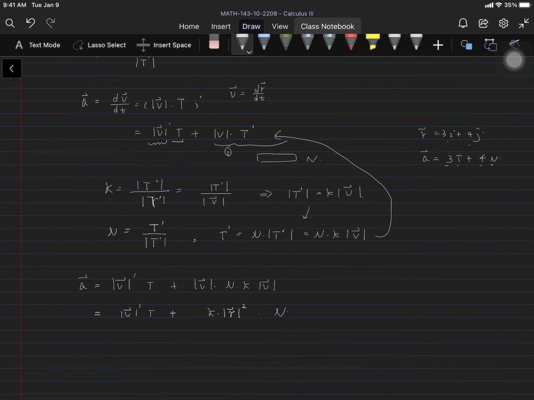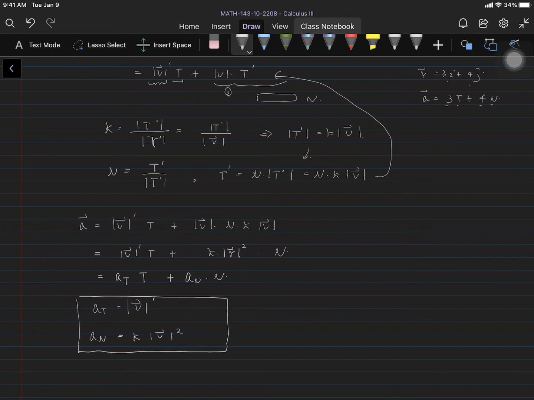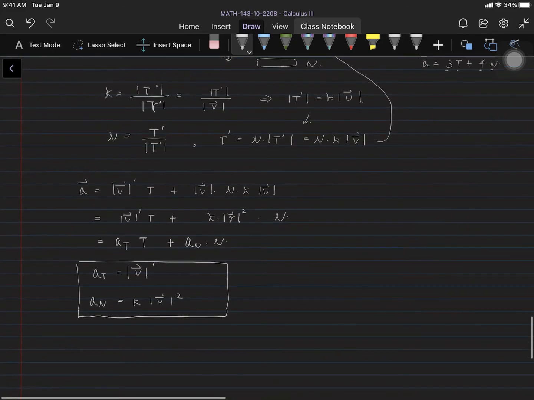Now we define this to be a_T times T plus a_N times N. So a_T equals the v length derivative, and a_N equals curvature times the v length squared. That's the component of the acceleration in the tangent direction and normal direction.